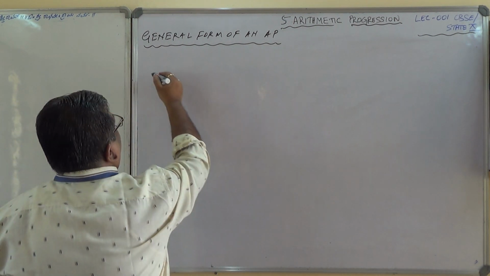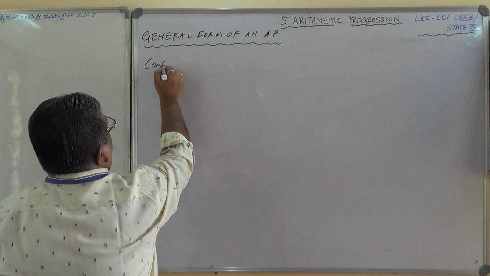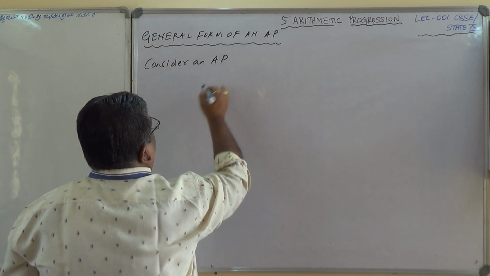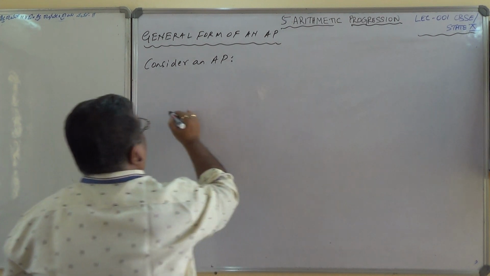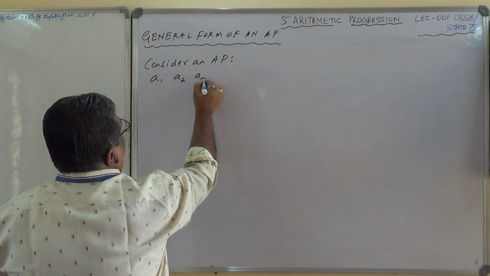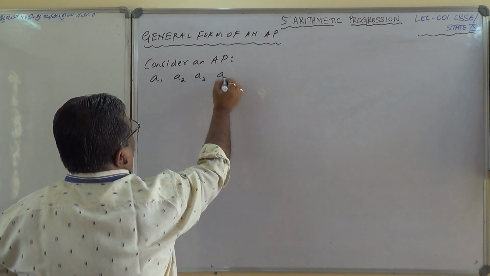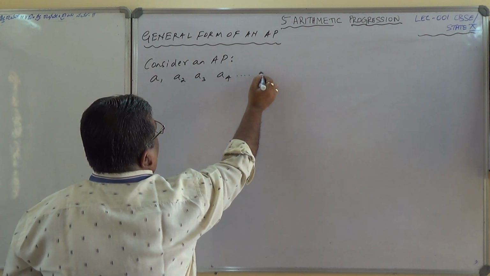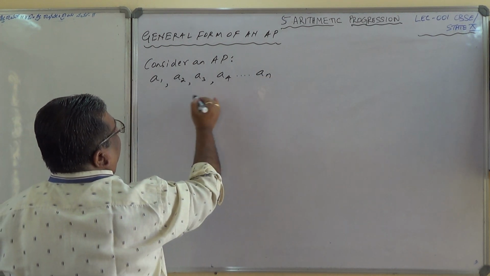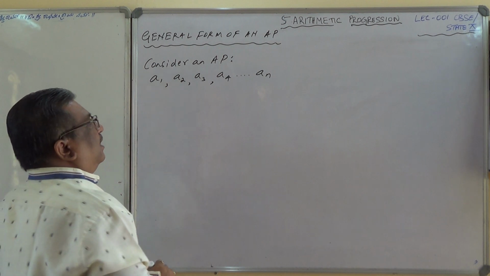So consider an arithmetic progression A1, A2, A3, A4 ... AN, etc. So this is an arithmetic progression.